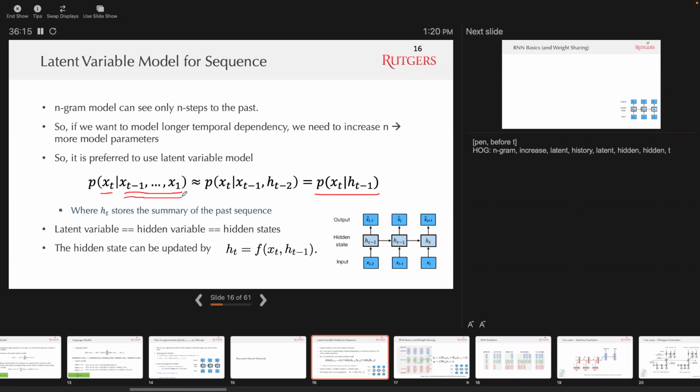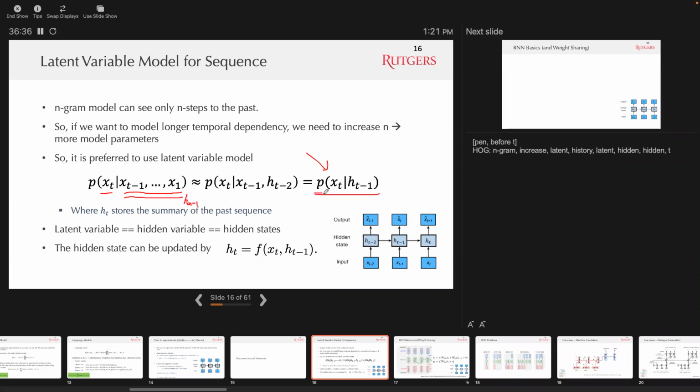This history, we call it ht minus 1, and all that is left for us to learn is just p of xt given ht minus 1. So this is what you need to learn.